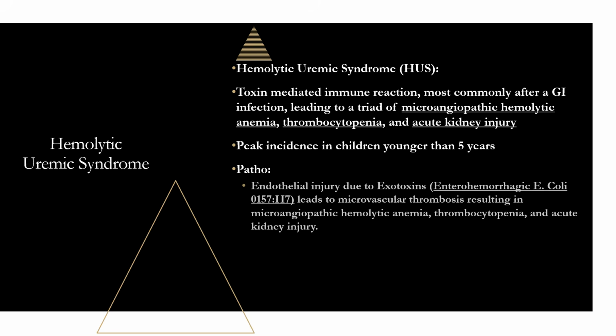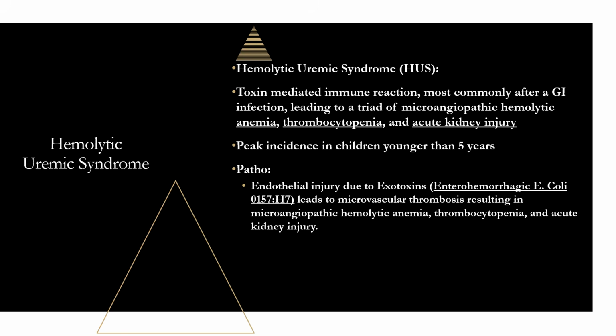Patho, so this is an endothelial injury due to exotoxin. It's a byproduct of a Shiga toxin producing E. coli, specifically, and I underline this for a reason, enterohemorrhagic E. coli O157:H7. This is important because this is the one that you're most likely going to see in here.